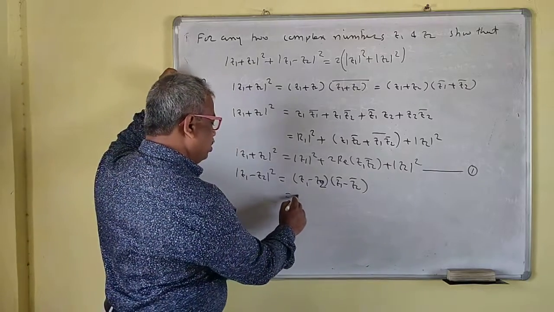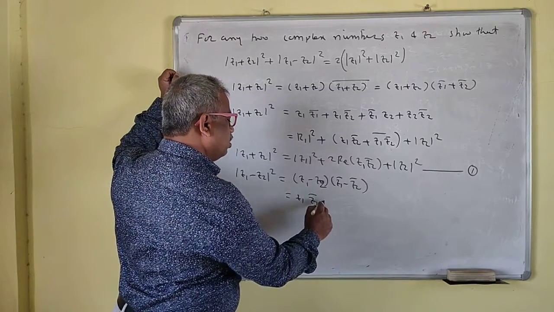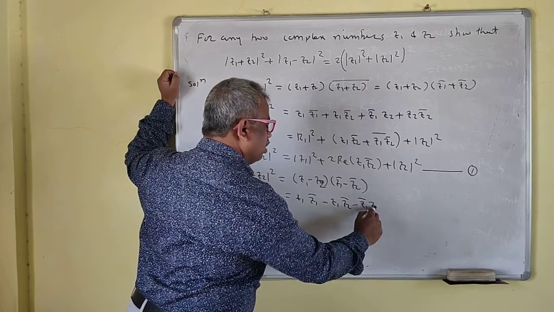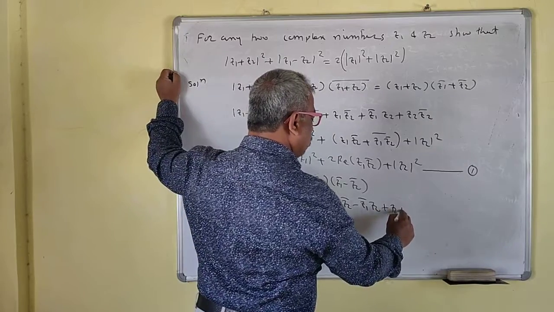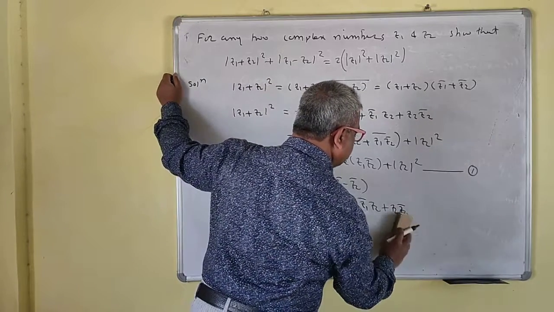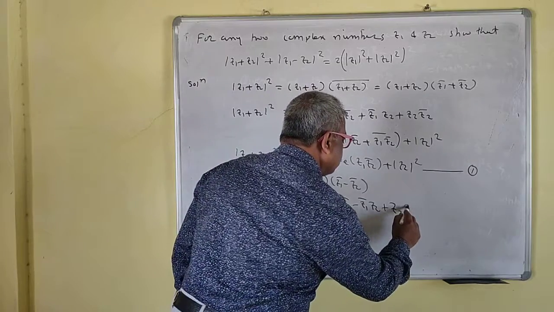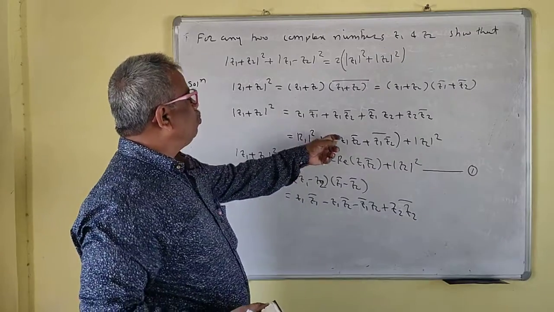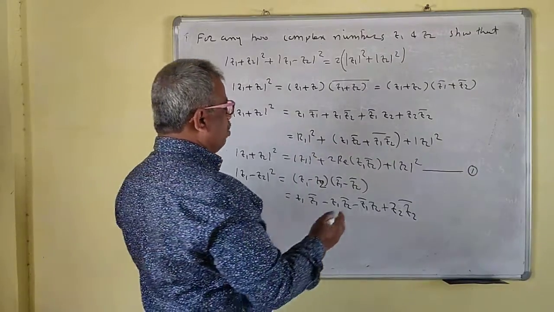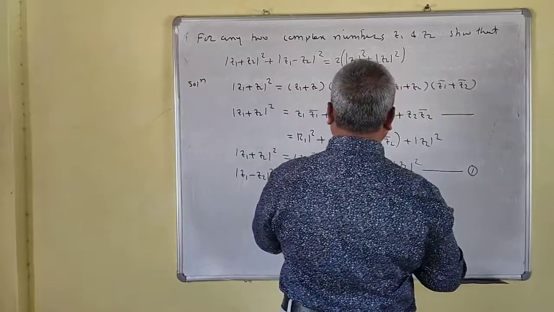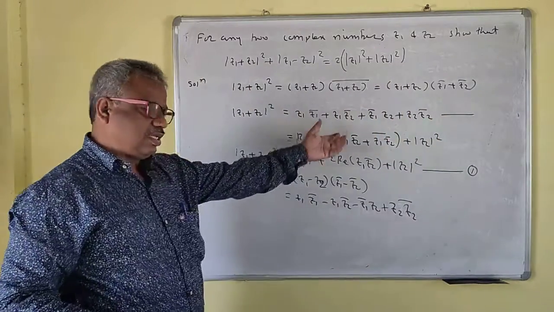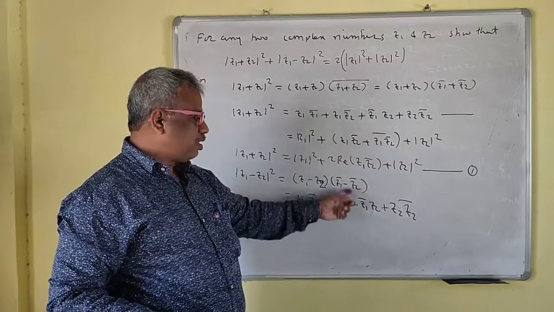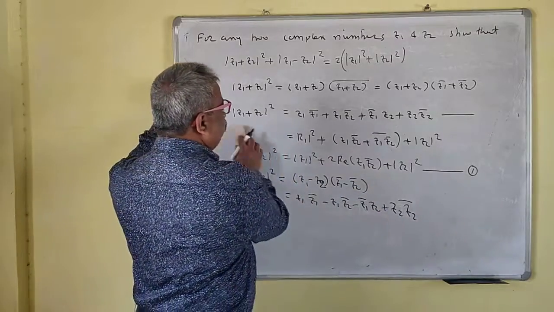Actually there is no need to do these two steps; we can call this 1 directly. If we take the sum, the cross terms will get cancelled, so no need to take the effort.